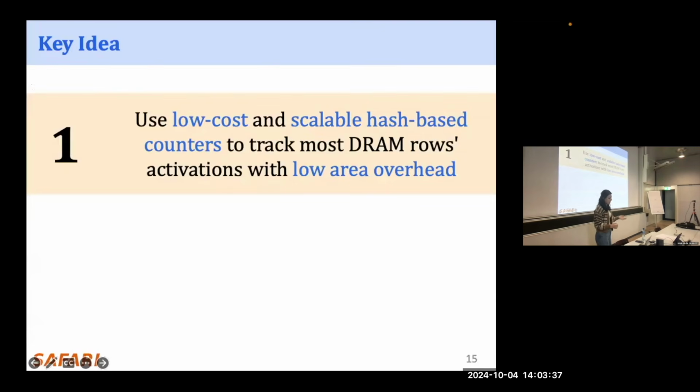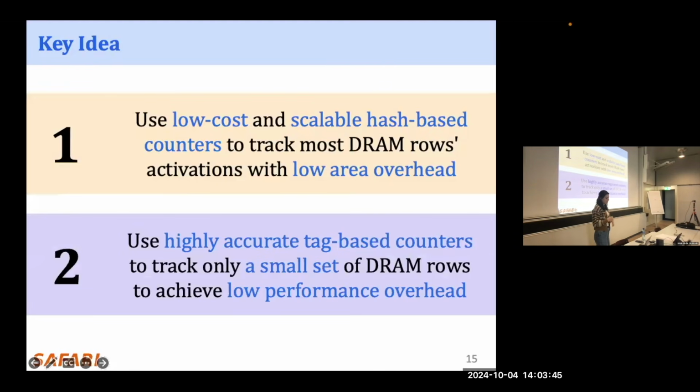Our key idea is to use low-cost and scalable hash-based counters to track most DRAM rows' activations with low area, and use highly accurate tag-based counters to track only a small set of DRAM rows to achieve low performance overhead. To this end, we propose CoMeT. CoMeT has two key structures.